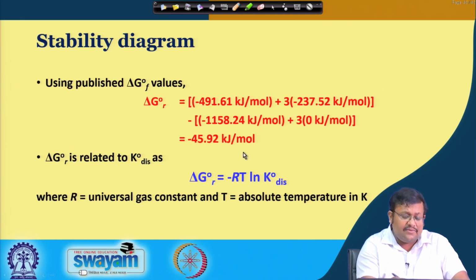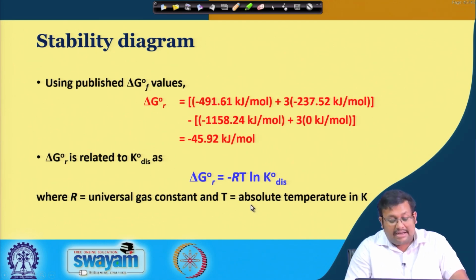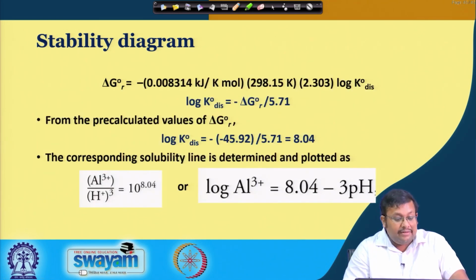We can calculate the thermodynamic free energy of the reaction, and we know the relationship between the thermodynamic dissolution constant and this thermodynamic free energy of reaction can be related using this formula, where R is the universal gas constant and T is the absolute temperature in Kelvin.